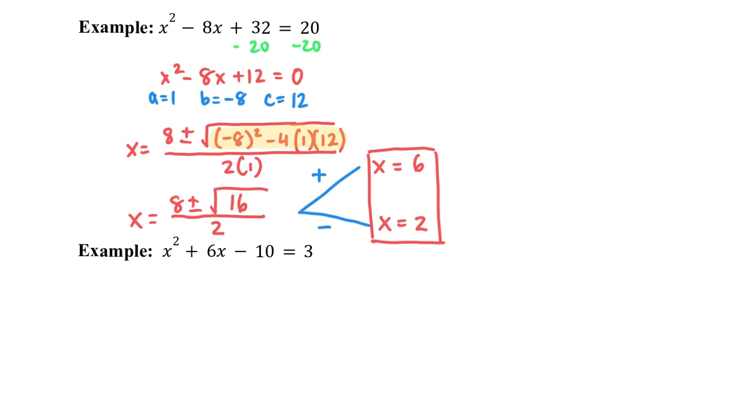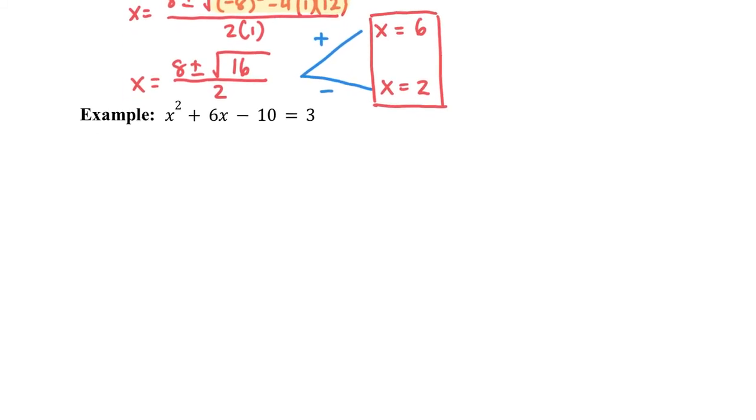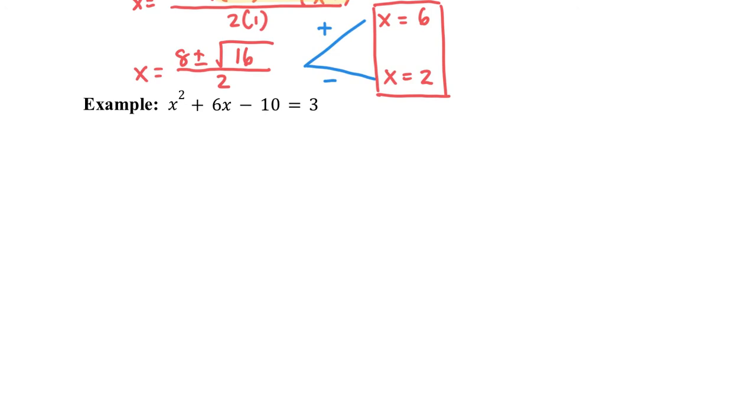All right, let's try one more example here. Again, I'm going to start with standard form. So I'm going to subtract 3 from both sides. That gives me x squared plus 6x minus 13 equals 0. a is 1, b is 6, c is negative 13.